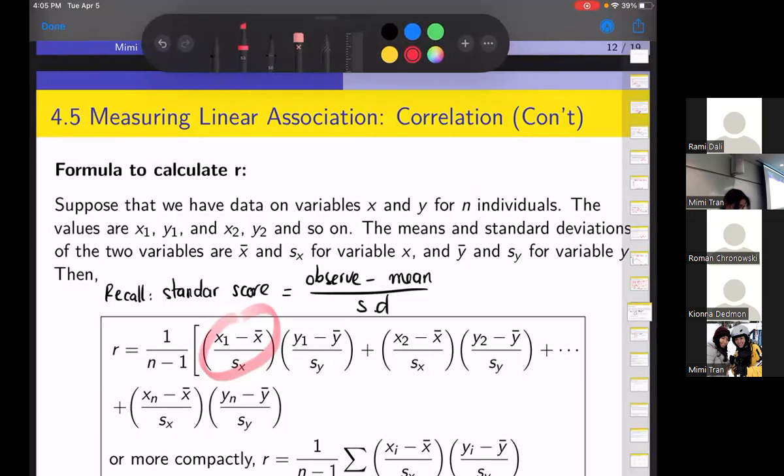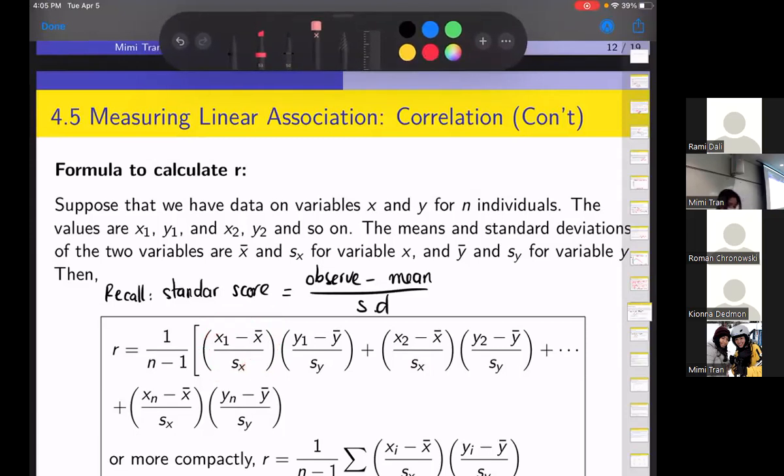So x bar is the sample mean of x, y bar is the sample mean of y, s of x is the standard deviation of x, s of y is the standard deviation of y. Because there are two variables, you have two columns, column x and column y, so you have two sample means and two standard deviations.